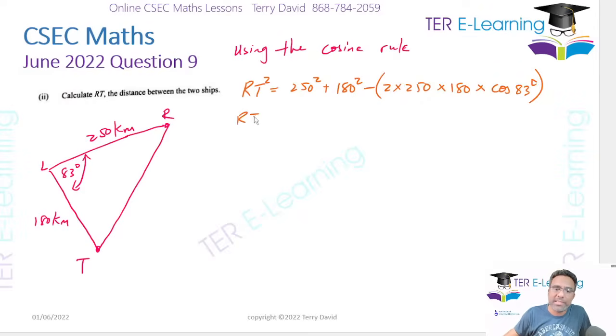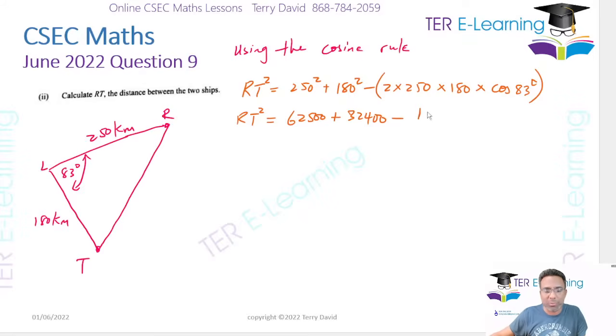So RT squared is equal to 250 squared, which is 62,500, plus 180 squared, that's 32,400, minus 2 by 250 multiplied by 180 multiplied by cosine 83, and I'm going to get 10968.